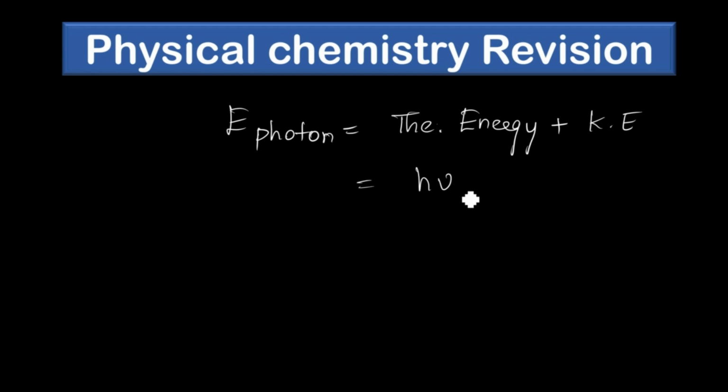So E photon is equal to threshold energy plus kinetic energy, or you can write it as h nu naught plus kinetic energy. So h nu is equal to h nu naught plus kinetic energy.